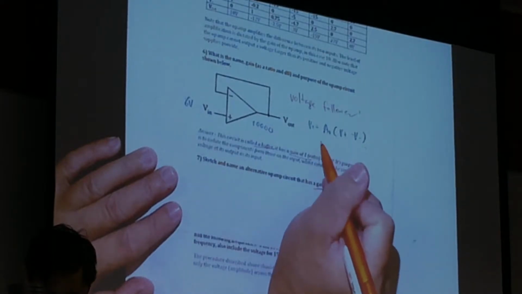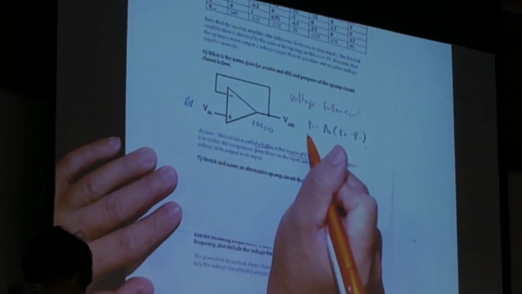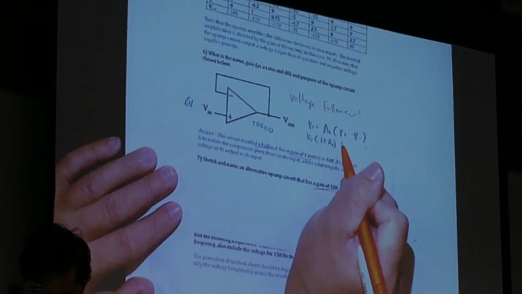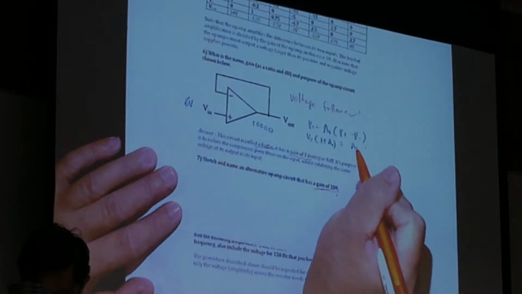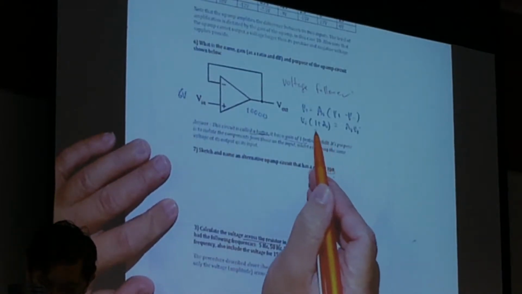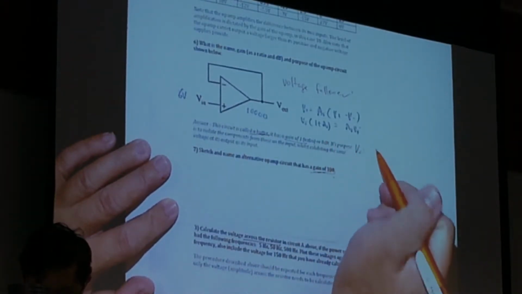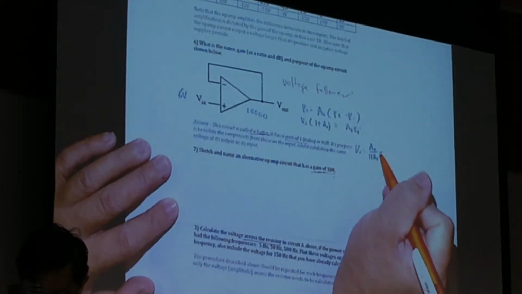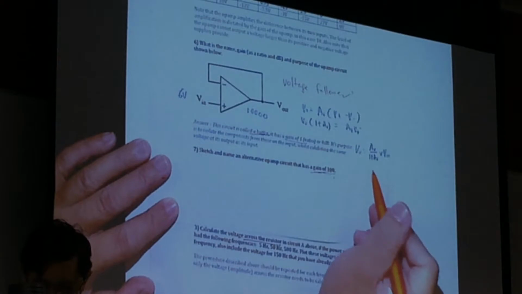So if you work it out, V out (1 plus AB) is equal to AB V plus. So V out is equal to AB over (1 plus AB) multiplied by your V in. You plug in the values, and it becomes 5.9999 something. That's the expected answer.